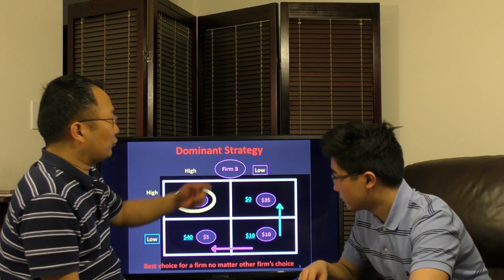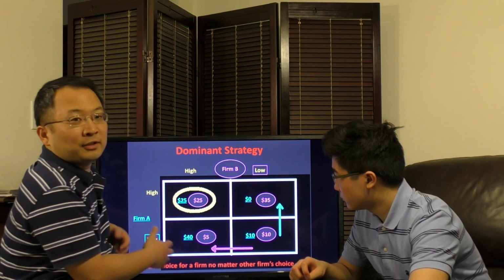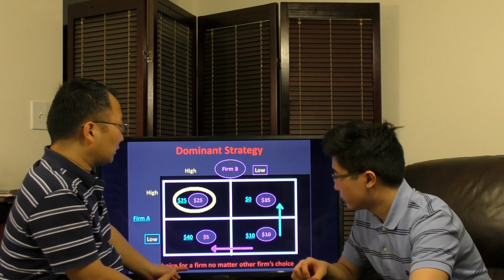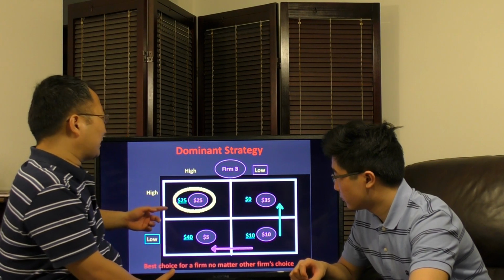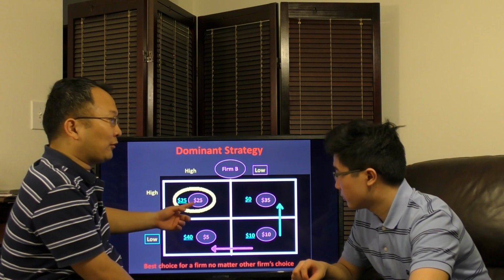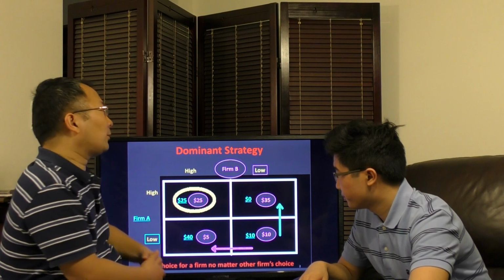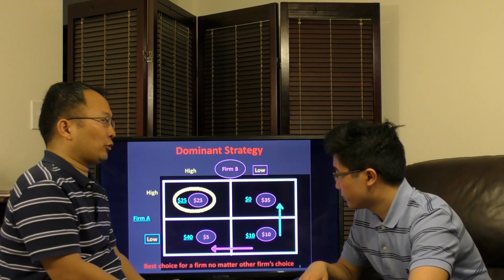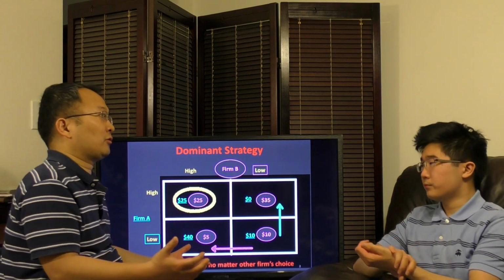So dominant strategy really means either firm A or firm B are actually independent. They will go for the low pricing, no matter what. Although the best choice is collusion, at 25-25 the total profit is the highest. So dominant strategy does not necessarily mean the overall highest profit strategy.